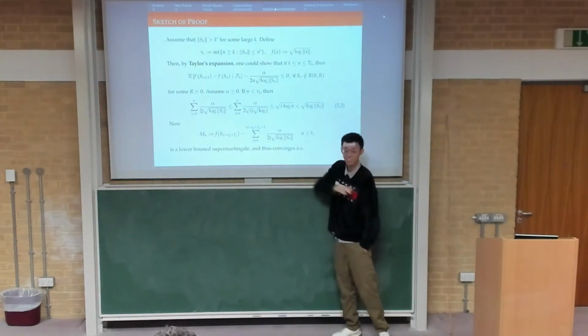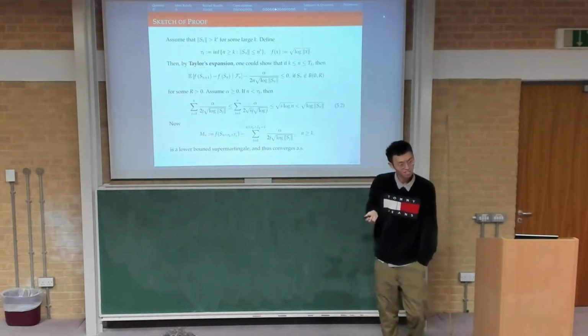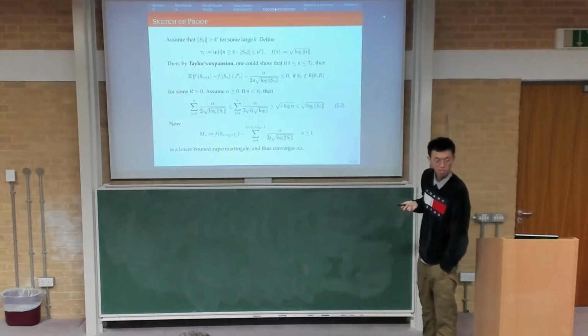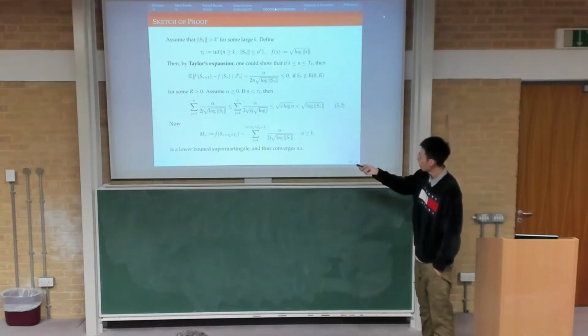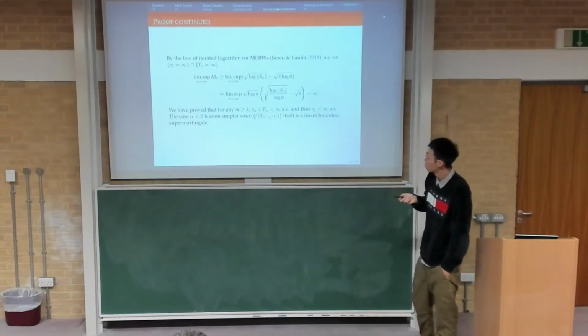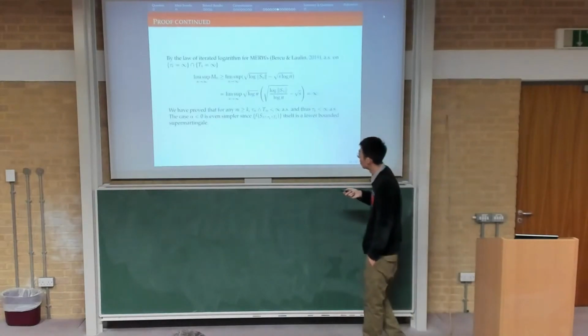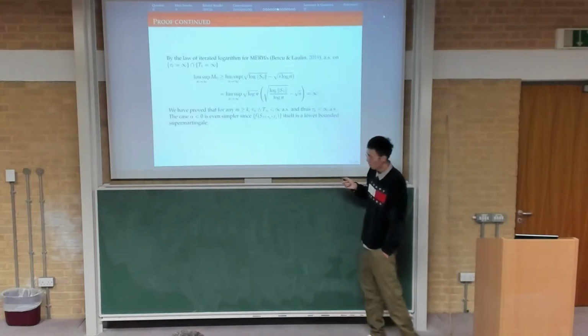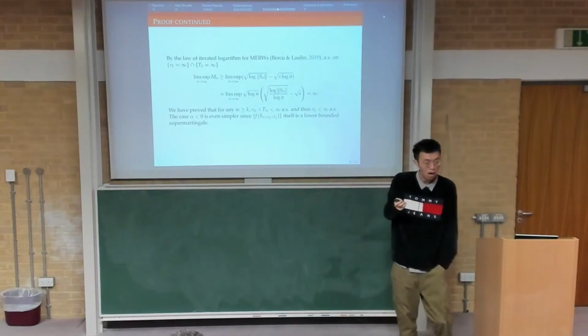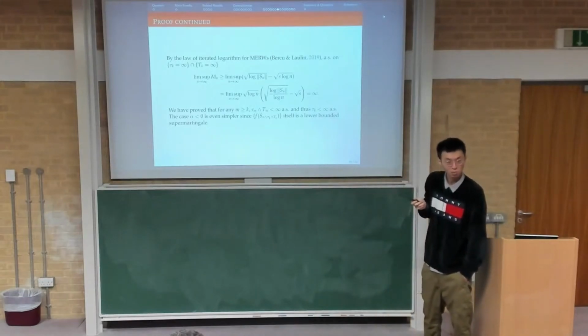But S is less than 1/2, so this is actually impossible because of the law of iterated logarithm. So f of Sn, the limsup of square root of log Sn, is at least the square root of 1/2 times log n, because you use the LIL.